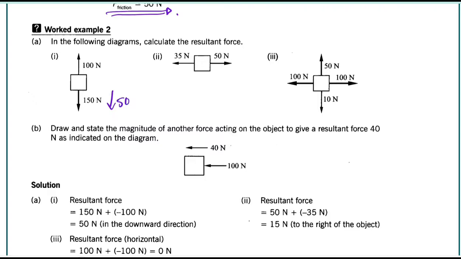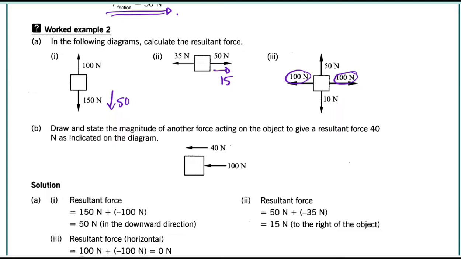And then on the second one it is going this direction, and the difference between 35 and 50 is what? It is 15. And then here we find that there is 100 and there is 100, which means it is balanced.